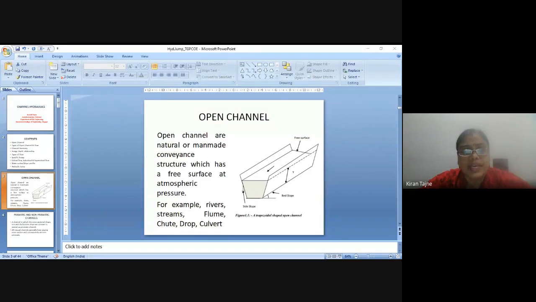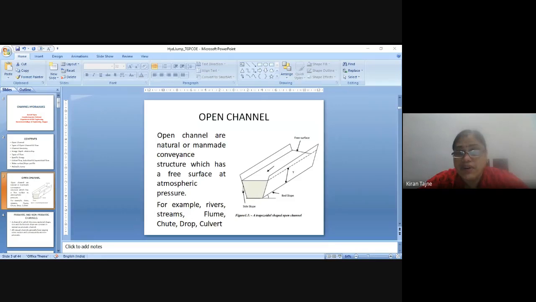So the examples are flume. A flume is a channel which is made up of wood or metal or concrete masonry, usually supported on or above the ground to carry the water across a depression. Then chute. It is again a channel having steep slopes. Drop is similar to chute but with change in elevation.